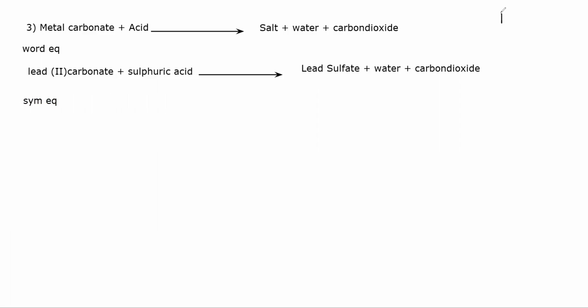So lead, it's plus 2 and carbonate is minus 2. So when two valencies are the same, you simplify, cross multiply. Lead 2 carbonate will be PbCO3. So that's PbCO3, lead 2 carbonate. Reacted with sulfuric acid, which is H2SO4.